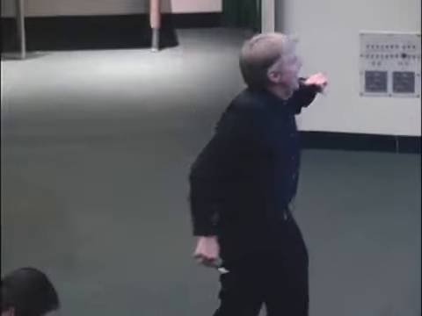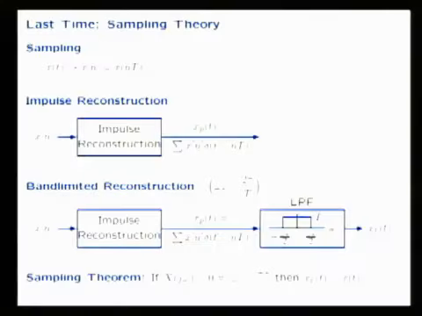And the point is, and the reason we're doing it now in this part of the course, is that by thinking about Fourier transforms, everything's very simple. Something that could be conceptually quite complicated is in fact extremely simple to think about. So last time we saw that the way to think about the signal, if you want to convert a CT signal to a DT signal, is to think about the Fourier transform.